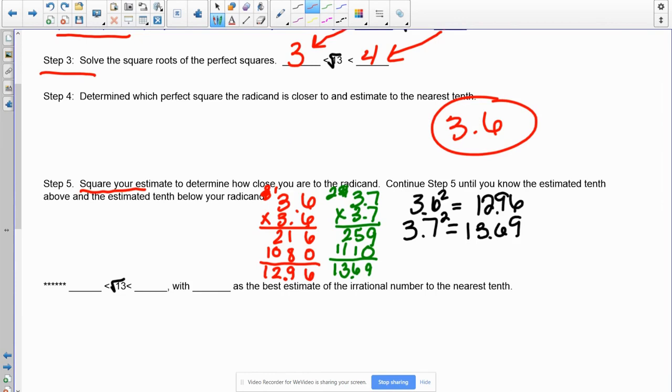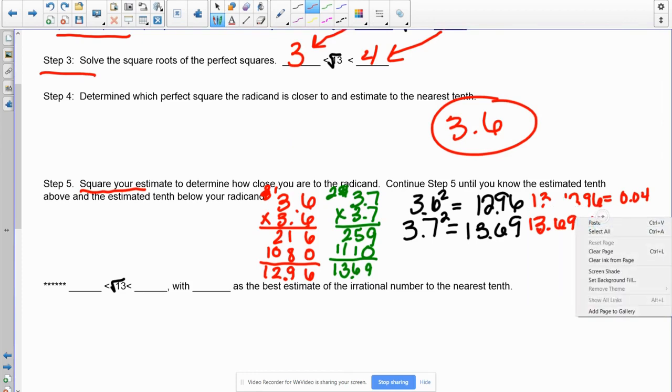So I'm going to check here. Again, remember, I'm just going to subtract to see which one's closer, even though I can pretty much tell here that this one is the closer value. So 13 minus 12 and 96 hundredths equals 4 hundredths. And 13.69 minus 13 equals 0.69.